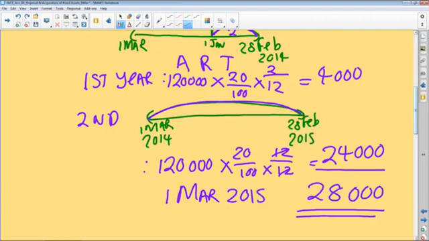In other words, depreciation for the first year plus depreciation for the second year gives me my accumulated depreciation. Not difficult, but remember, it requires a bit of calculation. Show all your calculations, so in the event of you getting the total incorrect, you can always get some part marks.